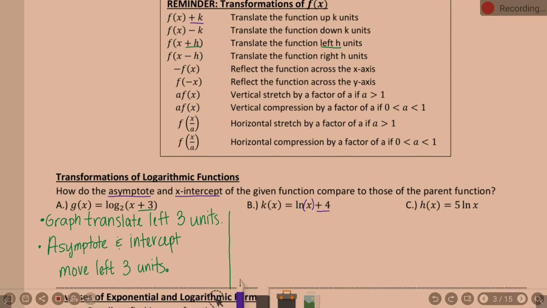You don't have to have parentheses there, but if you do, that's where they would be. So that plus 4 is going to translate the graph up 4. I'm going to write that down first so we have it. Graph translates up 4 units.